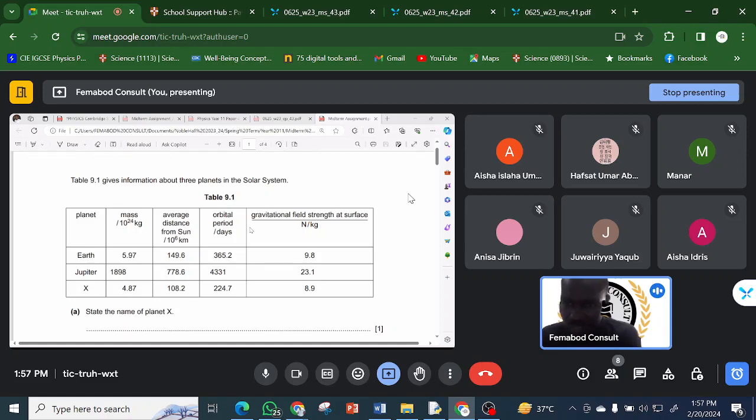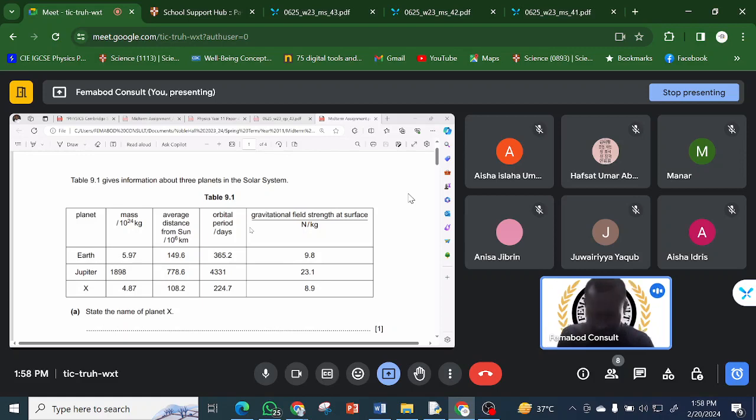Mass of Jupiter is 1898 times 10 raised to the power 24 kg. The mass of planet X is 4.87 times 10 raised to the power 24 kg. Then they gave us the average distance from the sun, the orbital period in days, and the gravitational field strength.